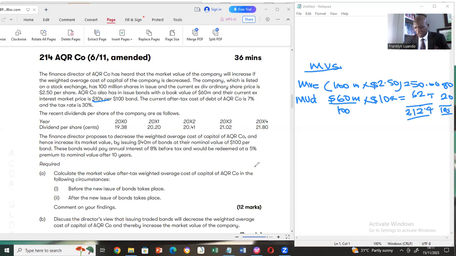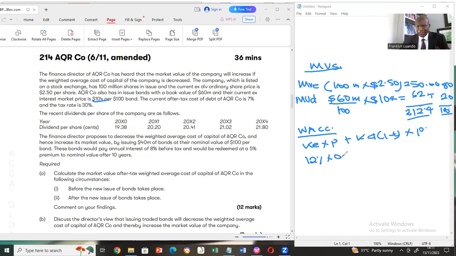We can now calculate the WACC. The WACC here will be cost of equity multiplied by proportion, plus cost of debt, 1 minus t, multiplied by the proportion. The cost of equity we calculated is 12%.